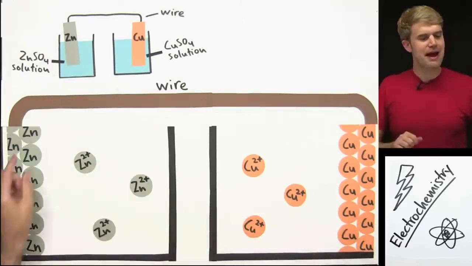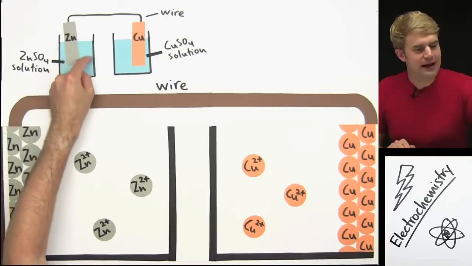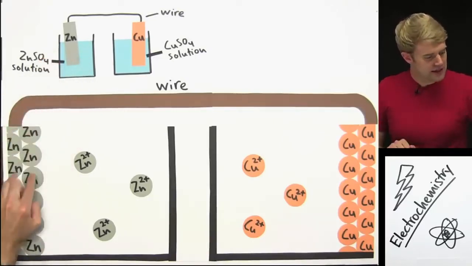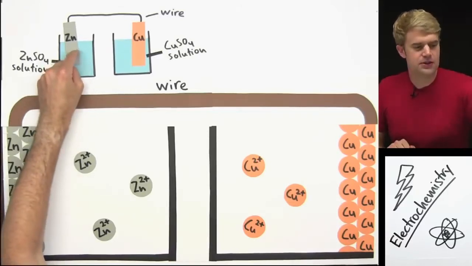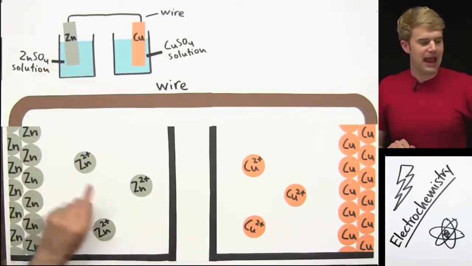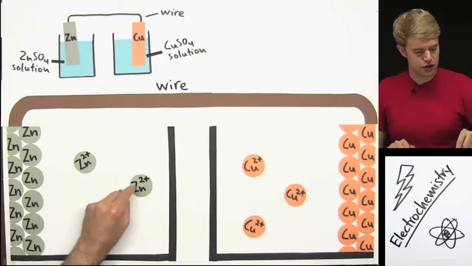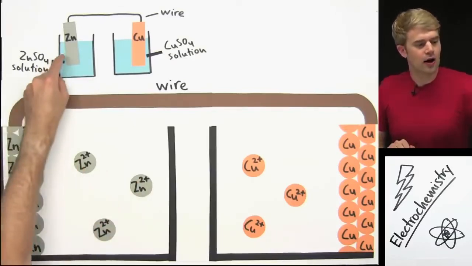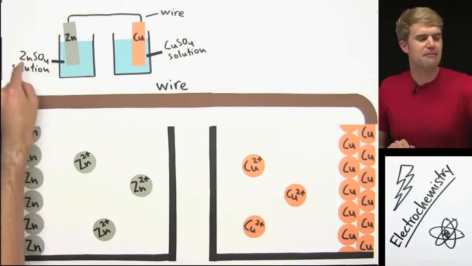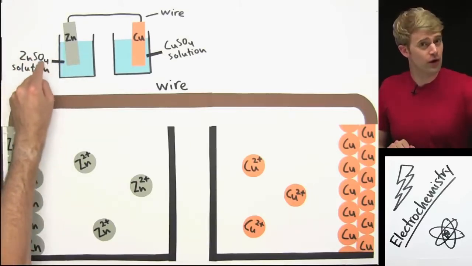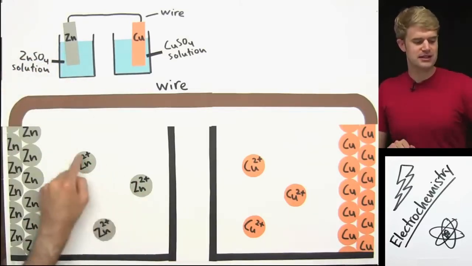This is a magnification of the area here. These zinc atoms are on the edge of the piece of zinc metal. And then these Zn2+ ions are in the solution. They're part of this ZnSO4 solution. I'm not showing the SO4 here. I just want to focus on the zinc.